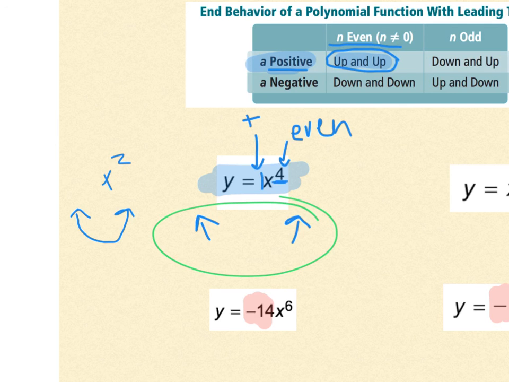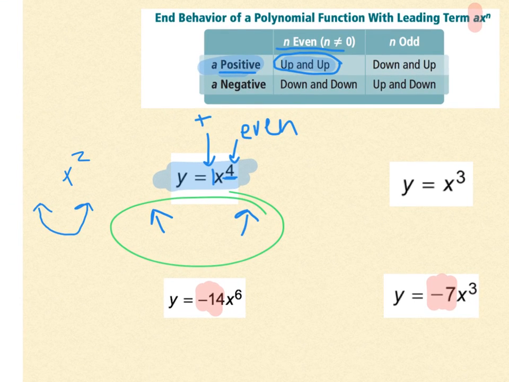So next we have if a is positive and n is odd. So for this one, the number in front is positive, and 3 is an odd number. So the end behavior of the graph is going to be down and then up.